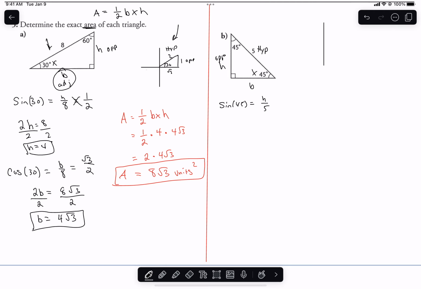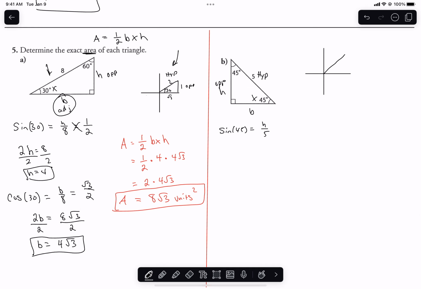The 45-degree triangle is drawn like this. We're going to have the 45. It's 1, 1, root 2. And so the sine of 45 has to be equal to 1 over root 2.